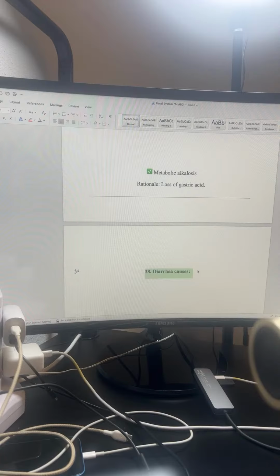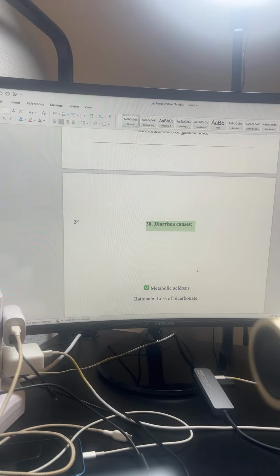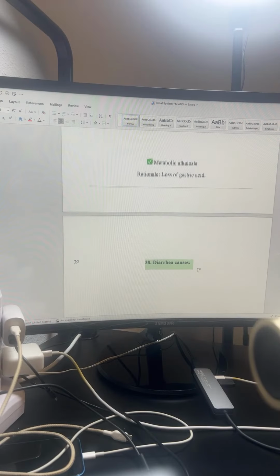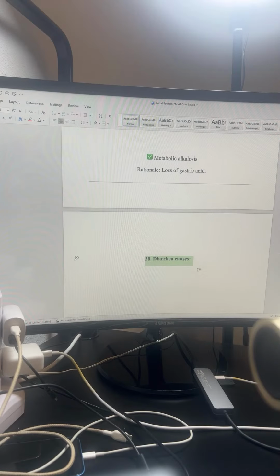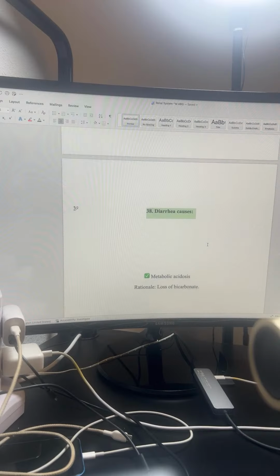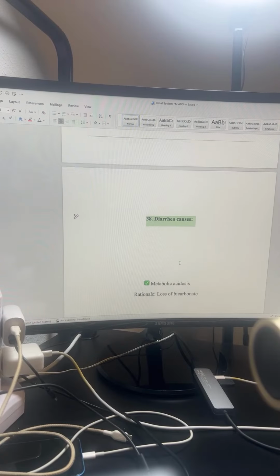Okay. So you have your metabolic acidosis because you're losing your bicarbonate there. All right, so with your diarrhea and your vomiting, your vomiting is going to be your metabolic alkalosis because you lose your gastric acid, and your diarrhea is going to be your metabolic acidosis because you're losing your bicarbonate.